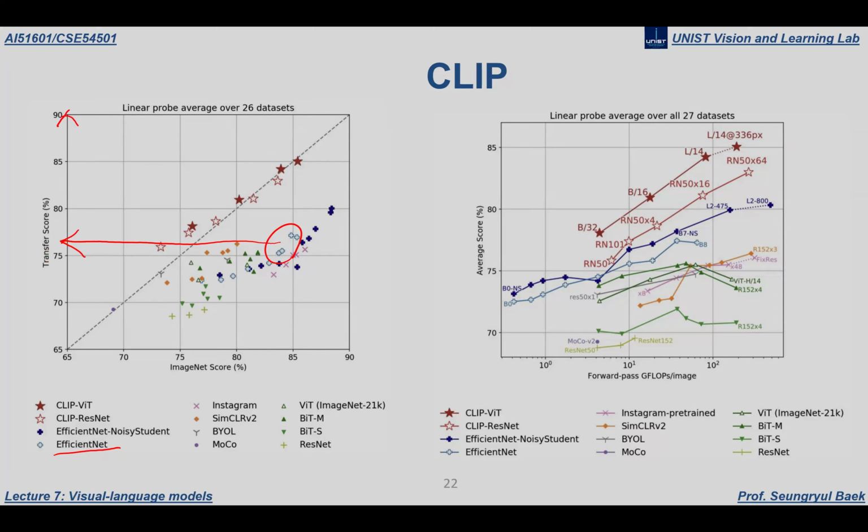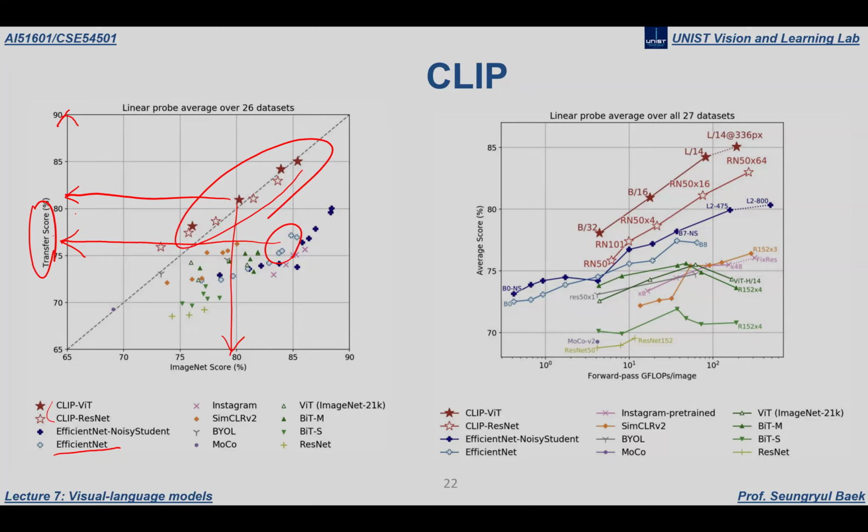However, the CLIP method, this is CLIP ViT and CLIP ResNet, they are almost the same for the in-domain testing data and also the out-of-domain dataset. So even though they are transferred to different datasets, the network's accuracy is almost the same.